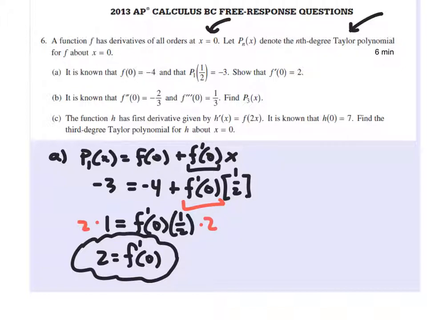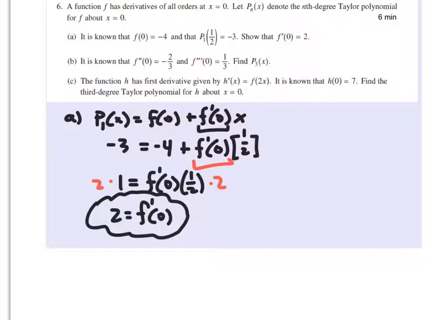Okay, if it is known that the second derivative is negative 2/3 and the third derivative is 1/3, find the polynomial of third degree. Okay, so now we can build this thing. Let's take this down here for part B. So the polynomial of third degree would be f of 0 plus f prime of 0, which we just found is 2, times x, minus f double prime of 0.